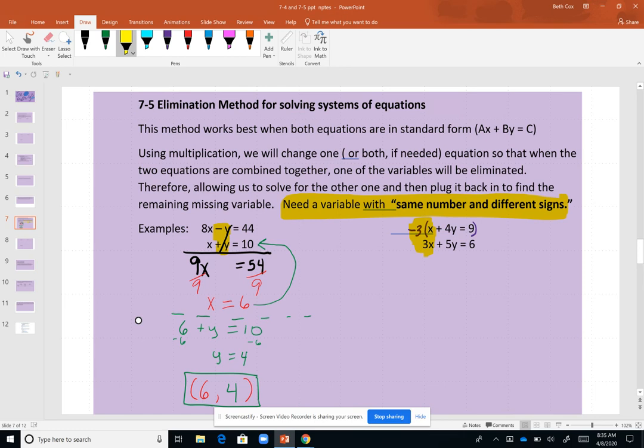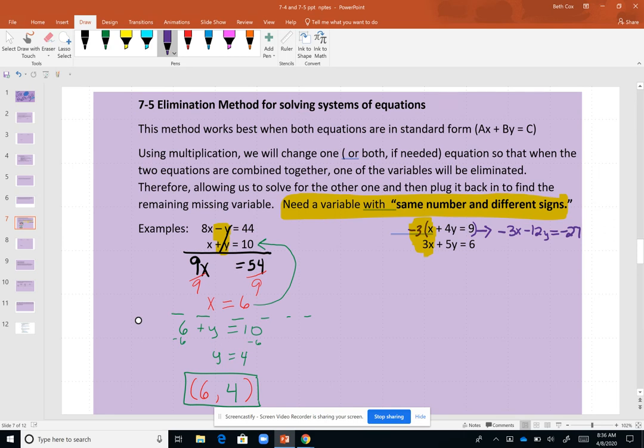Now, I do have to think about that ahead of time. You have to look at your equation and see, what can I do to make an elimination occur? So when I do that, this is what it's going to look like. This top equation is going to change to negative 3x minus 12y equals negative 27.